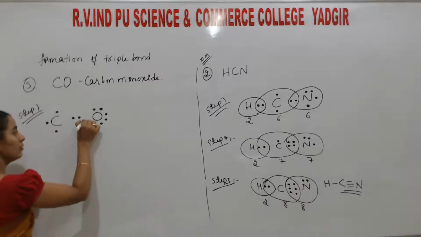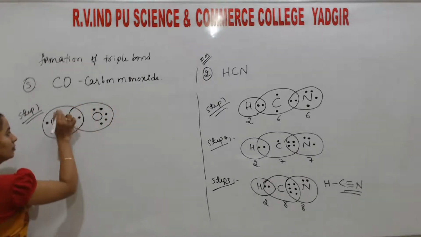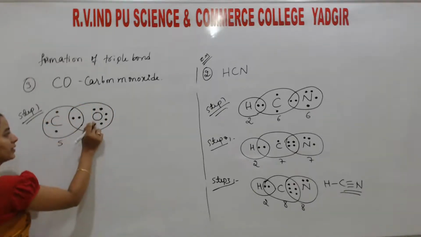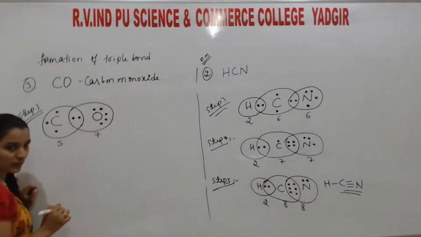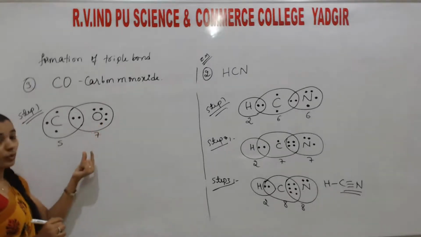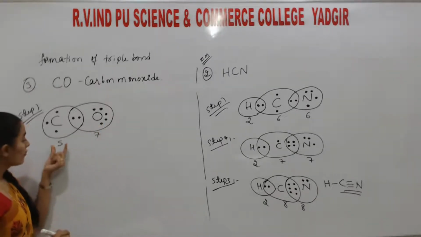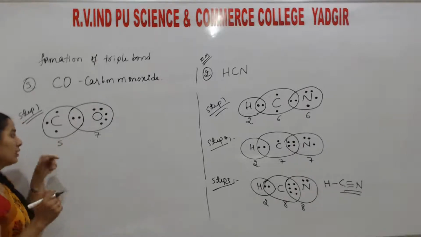Okay, so now if you round up, this one has a 1, 2, 3, 4, 5 electron system, this one 1, 2, 3, 4, 5, 6, 7 electron system. For this oxygen, we need only 1 electron. For this carbon, we need 3 electrons.